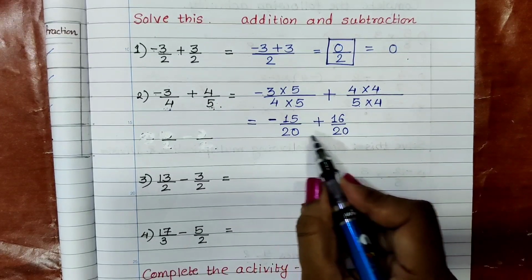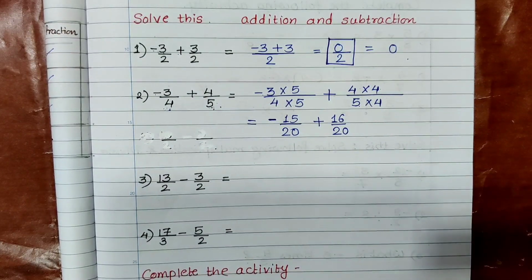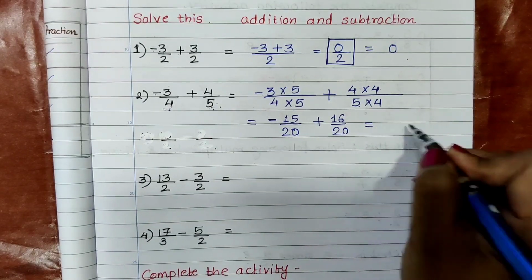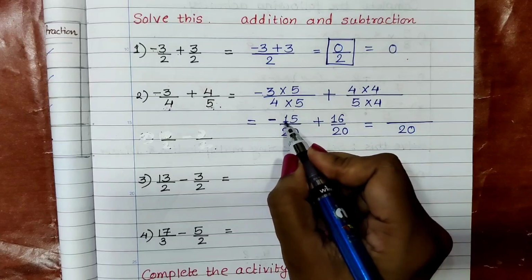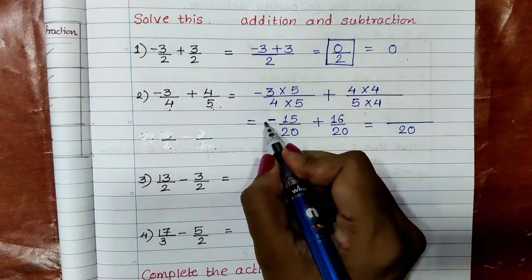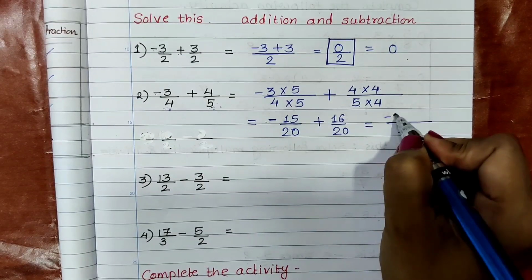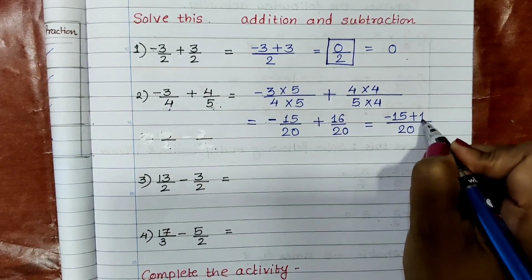Now you can see we are getting the same common denominator. So as the common denominator is there, we write the denominator one time, and whatever is there in the numerator, write it with the sign. So minus 15, the sign of 15 is minus, so write minus 15, the sign of 16 is plus, so plus 16.